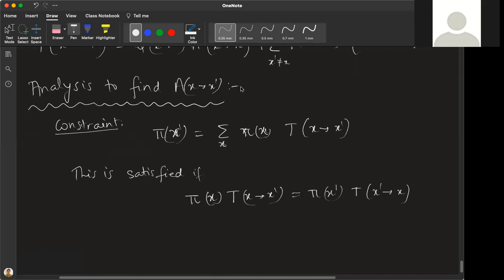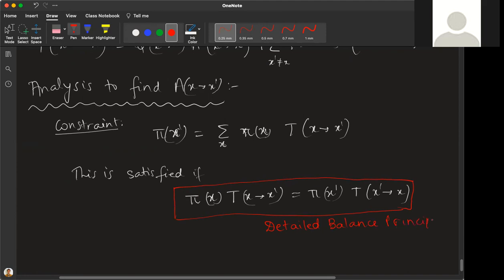This is a very important equation. This is called the detailed balance principle. It's a very simple concept.